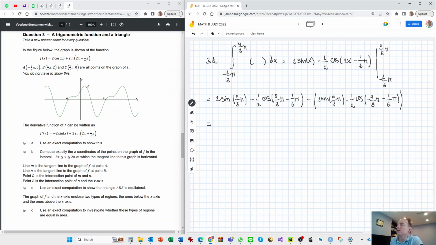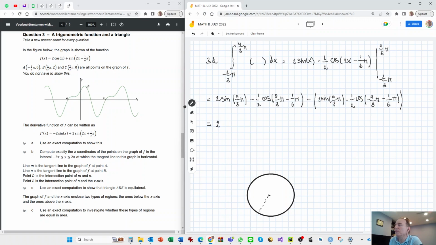So sine of 4/3 pi. 4/3 pi means this is 1 and 1/3 pi, so I rotate by pi and then another 1/3 more, so I end up here. I think actually we saw this before.